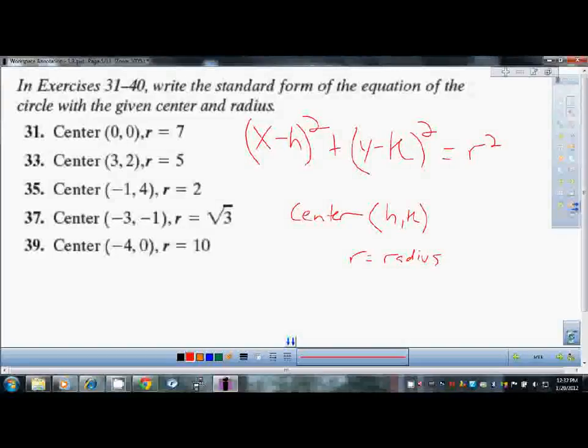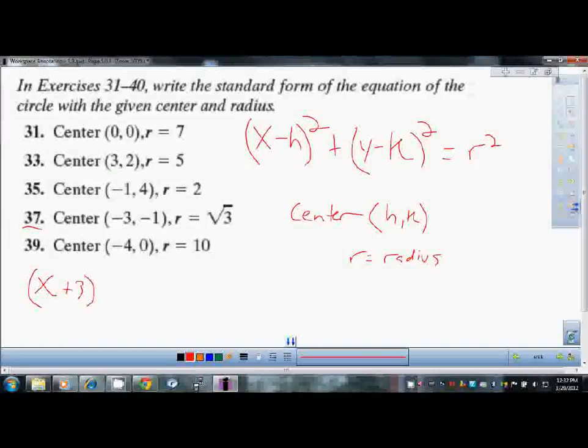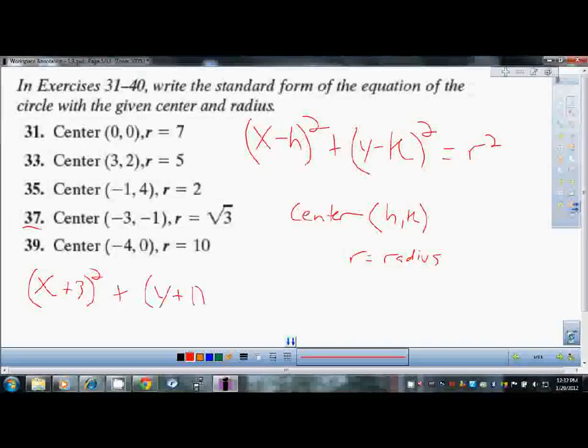So like 37. On these it gives you the center and the radius. You just plug them in. So like 37, x minus negative 3, which is the same as plus 3, squared, plus y minus negative 1, which is the same as plus 1, squared, and then your radius squared.